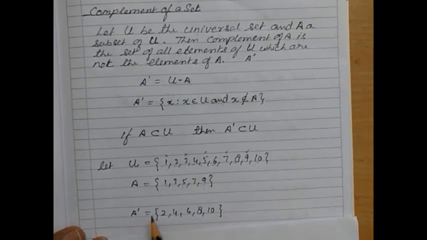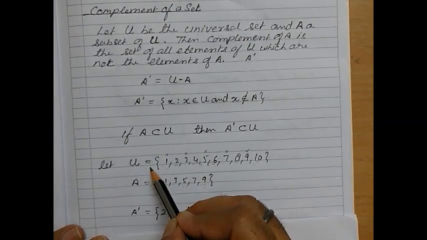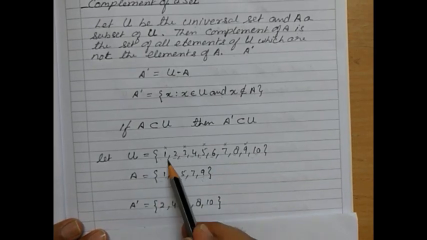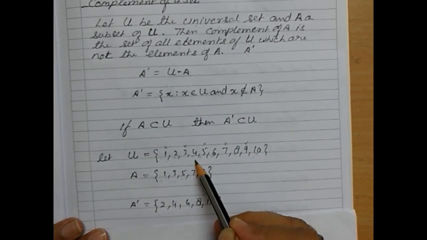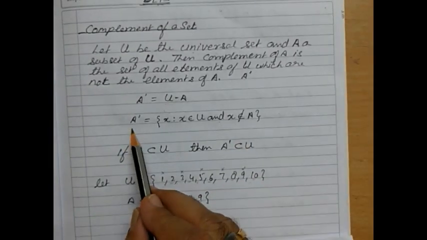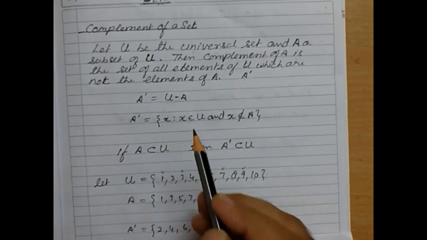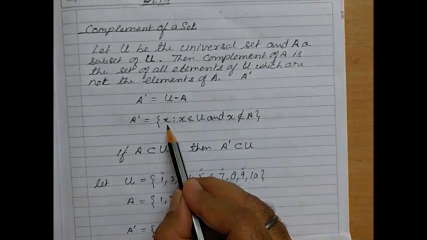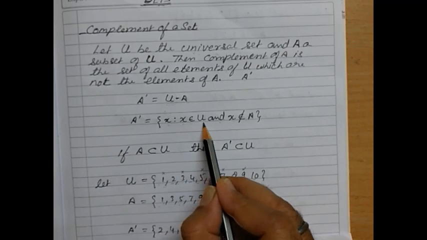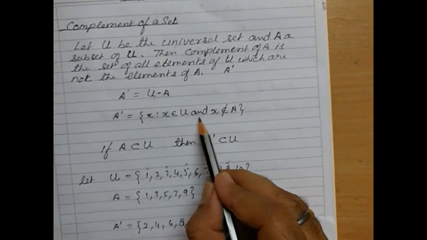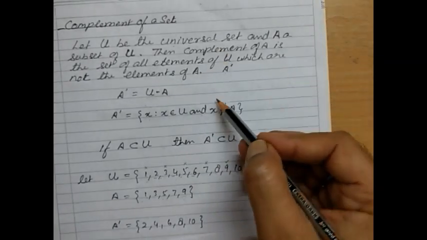Clear? Now if you see the comparison between A and A complement with respect to the universal set: A is a subset of the universal set, so A complement is also a subset of the universal set. This is what is written here in the set builder form: A complement is the set of all elements x such that x belongs to the universal set but x does not belong to A. This is what is meant here.